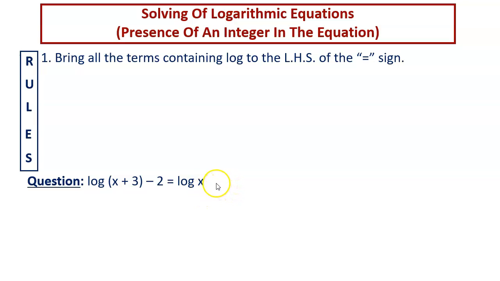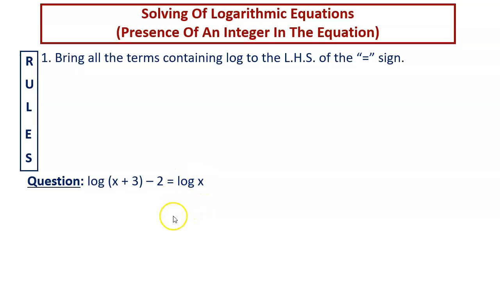So it is not that after taking the logarithmic terms to the left-hand side, the right-hand side will always be equal to 0. In this case, it will be equal to 0, but it may be equal to some other number as well. If you have some number on the right-hand side, it will stay on the right-hand side. So the right-hand side will not be equal to 0 in every case. But for this question, of course, it will be equal to 0.